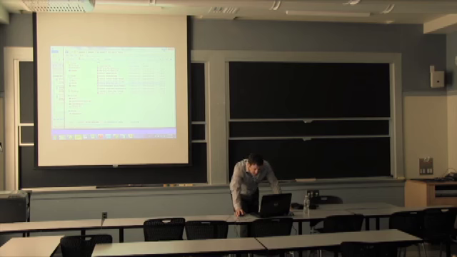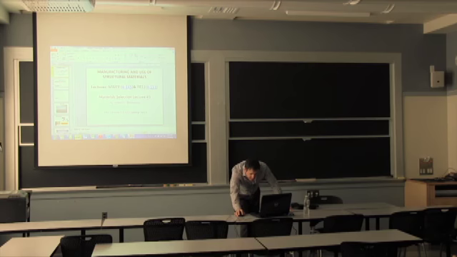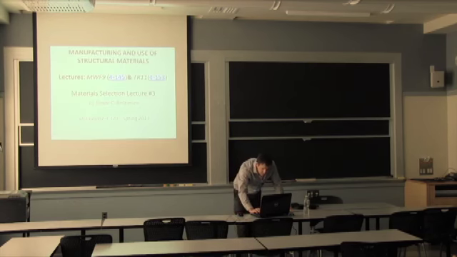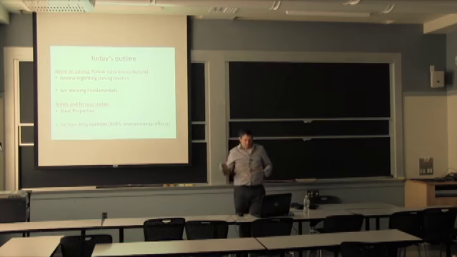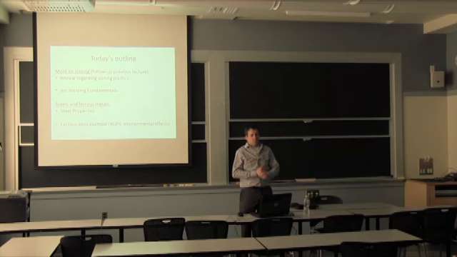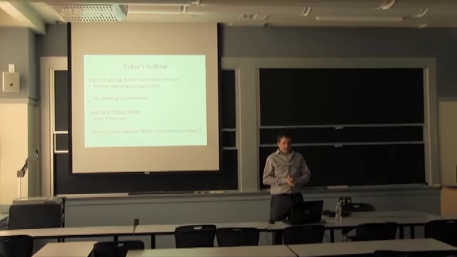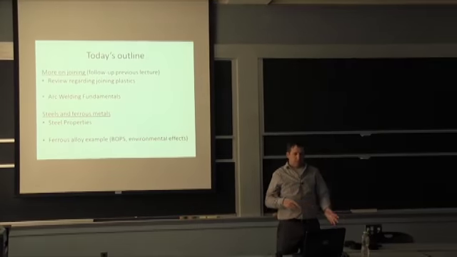So today what I wanted to do is to go back just a little bit on joining, because I know I've been throwing at you a few things about fusion welding, and we also talked a little bit about welding plastics, but I want to come back to it just so we close the loop and we move on.